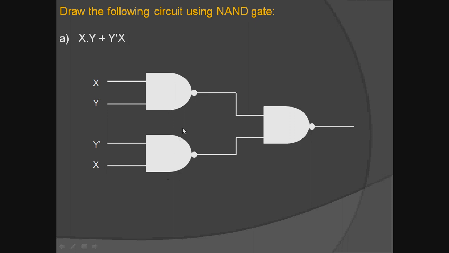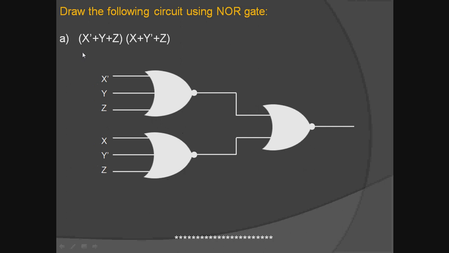And now draw the following circuit using NOR gate. So here also, the NOR gate is x complement plus y plus z, dot x plus y, x plus y complement plus z. Based on that you can see the three literals are assigned to the NOR gate. As I said, it can be two or more than two, also three. In the same way here, x, y complement, z.